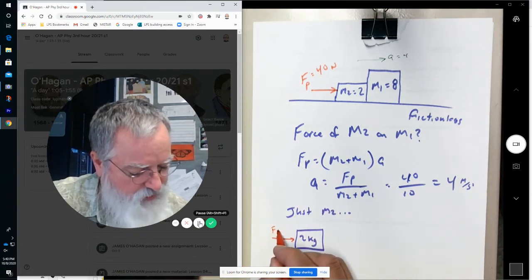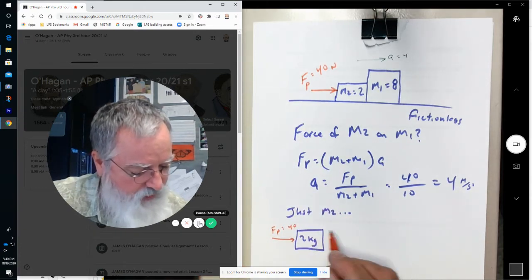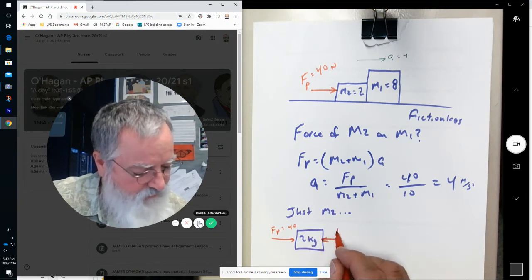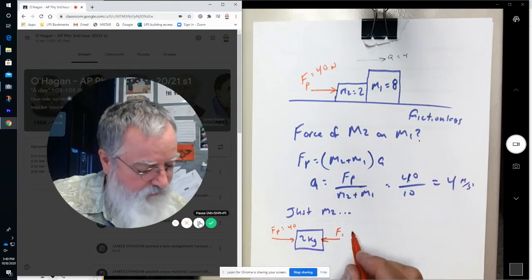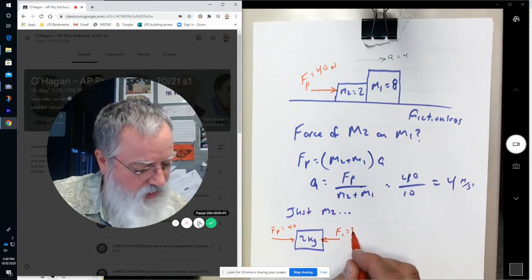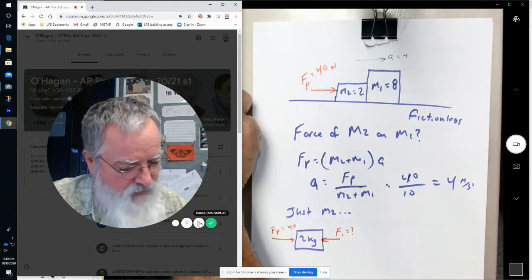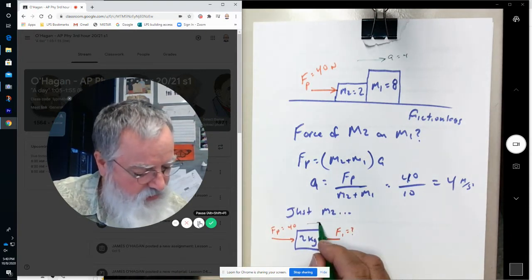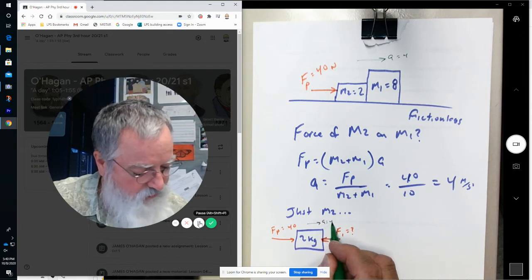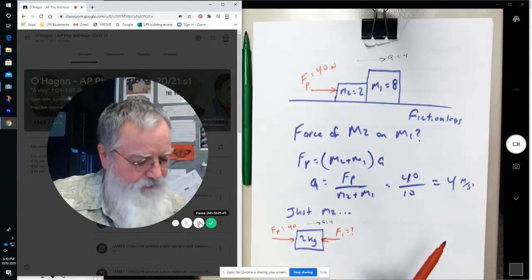I got the force push, and that's 40. I've got the force, I'll call this force 1, because it's from mass 1. And the question is, how much is that? And we also know the acceleration here, acceleration is 4.